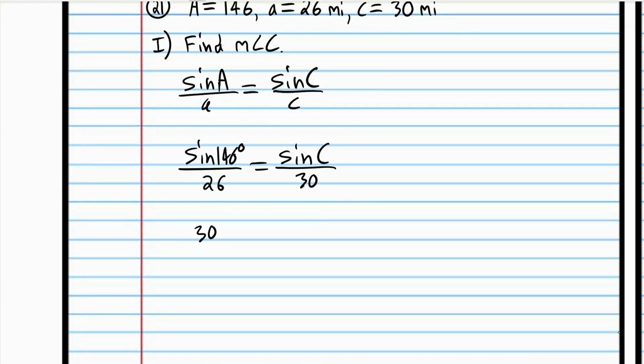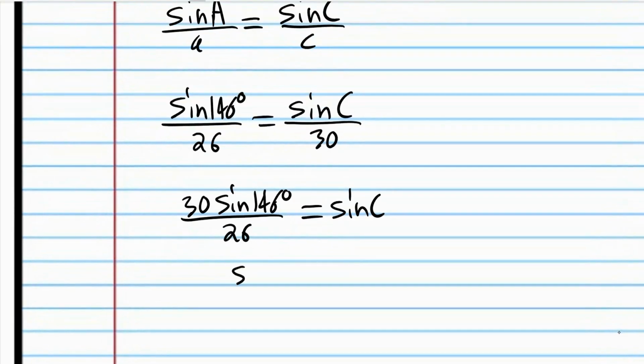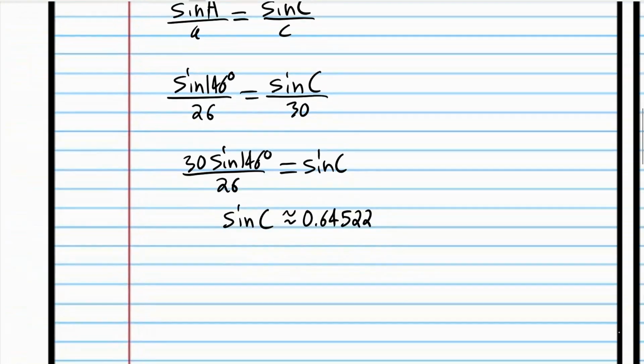And now we're going to multiply both sides of the equation by 30. And now we need to go to the calculator. 30 times sine 146, enter. And divided by 26, enter. So sine C is approximately equal to 0.64522.